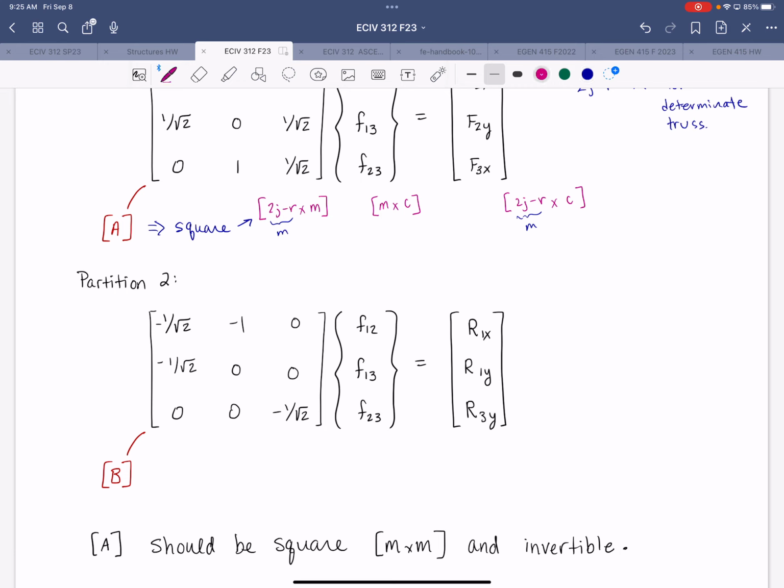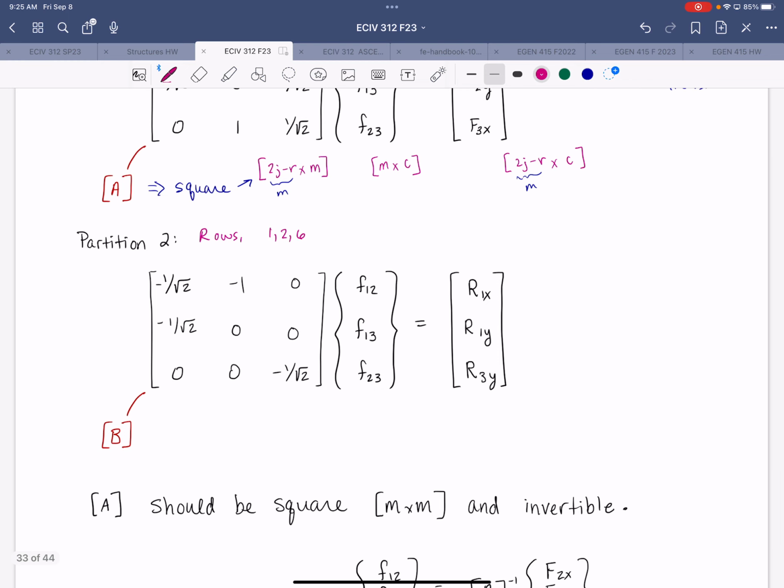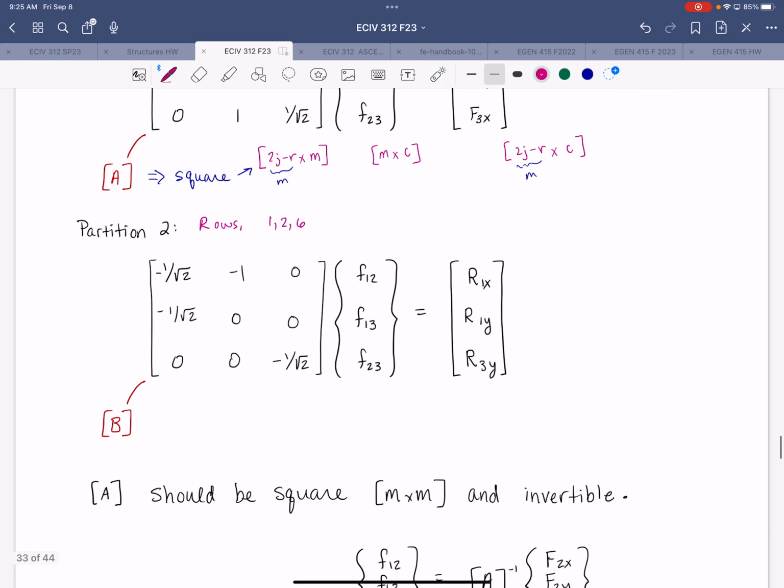So then the second partition are just the rows that we left behind after the first, right? So those are the rows that have the unknown forces, in this case 1, 2, and 6. And we'll call that second partition B. The dimensions of these matrices, all right? So matrix B will always have R rows and M columns, so R by M, and that's not necessarily square, right?